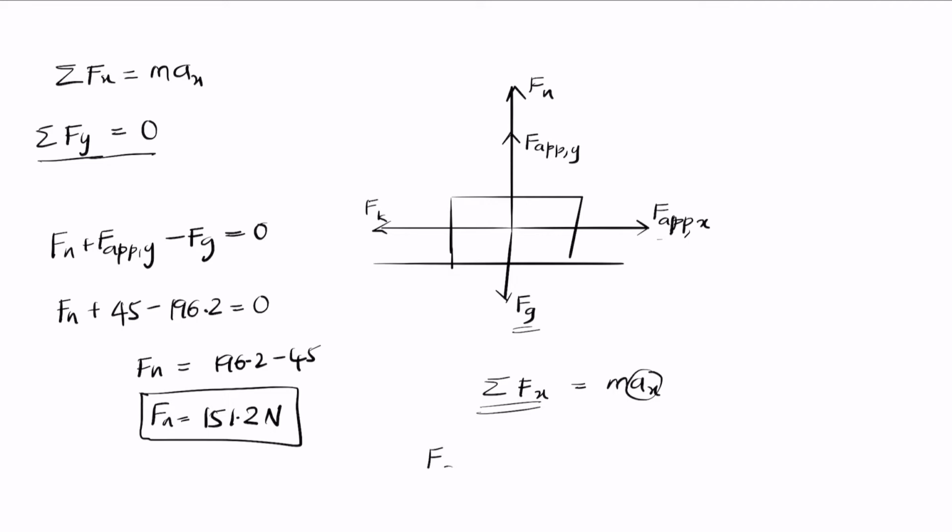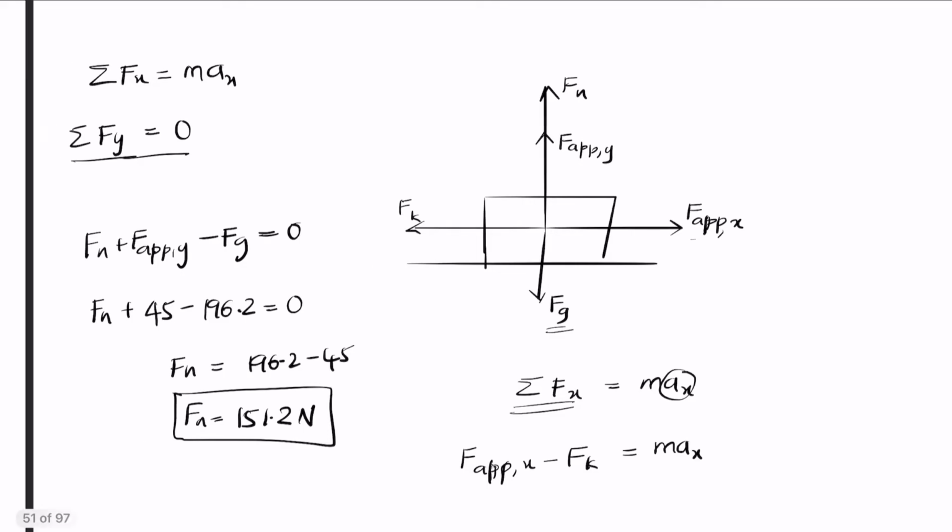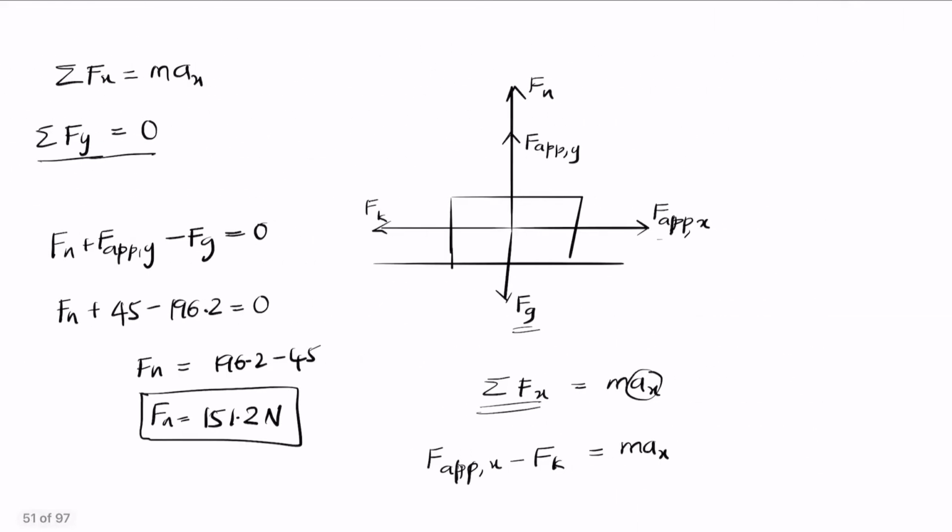So to the right we have F applied x minus Fk equals max. Now F applied x, we have already calculated it. That value is 77.9 minus Fk, the kinetic friction. Remember the formula, mu k is Fk by Fn. So from this we can write Fk as mu k times Fn.